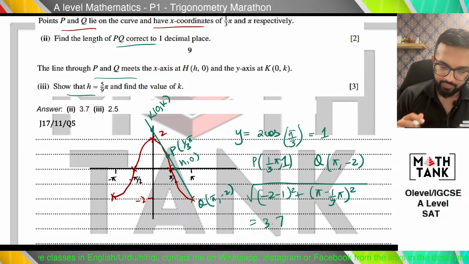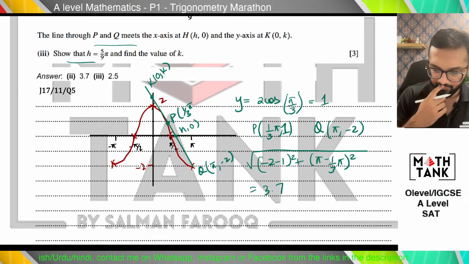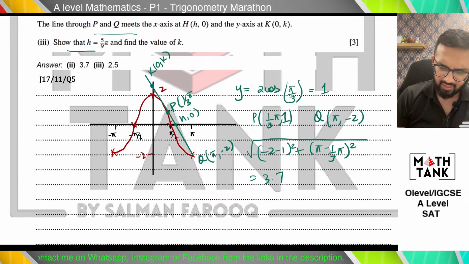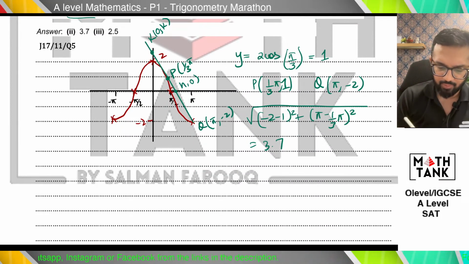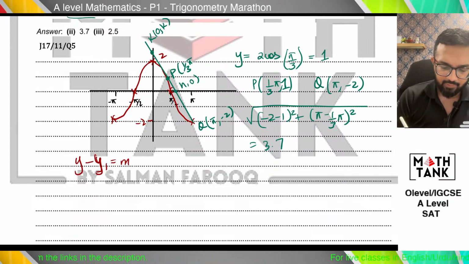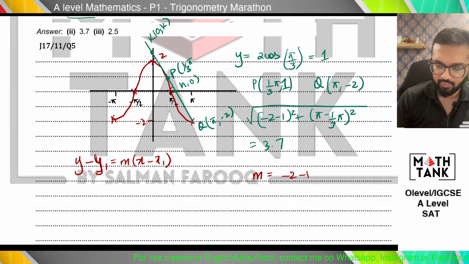Show that h equals 5 over 9 pi and find the value of k. Okay, so it's basically just finding x and y intercepts. So I'm going to rely on my idea of y minus y1 equals m times x minus x1. I'm going to first find the gradient, which is y2 minus y1 over x2 minus x1.